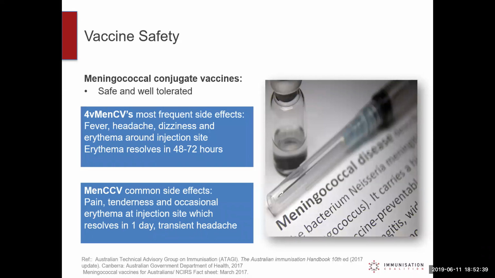Just in regards to Menactra vaccine, yet again, the product information for Menactra states that a previous episode of Guillain-Barré syndrome is a contraindication to vaccination with Menactra, but ATAGI, which is the Australian Technical Advisory Group on Immunisation, has actually recommended that any of the 4-valent ACWY vaccines can be administered to a person with a history of Guillain-Barré syndrome.